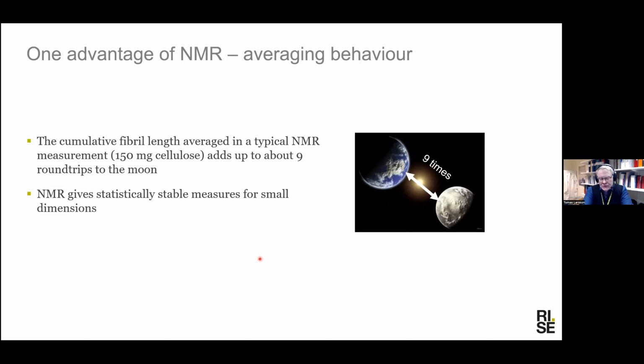It's in that respect a good technique for tracking small changes. If you do some kind of processing of your cellulose material and you induce small changes in the supramolecular structure, this is a really good tool to track that, because you can get measures of these changes that are statistically significant because of the good precision.